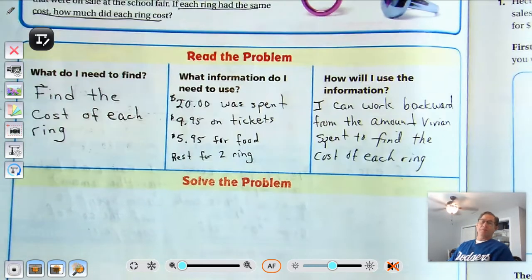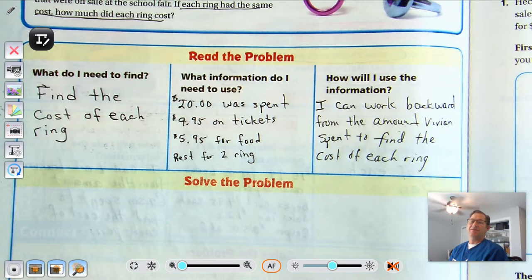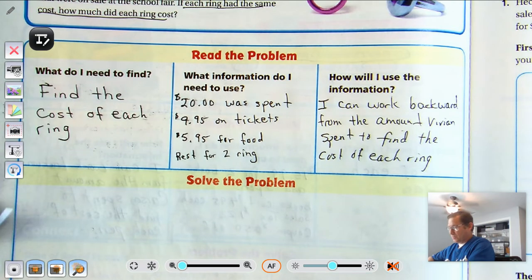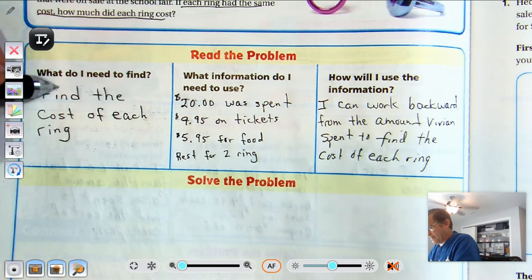All right, so we're going to work backward from the amount Vivian spent to find the cost of each ring. All right, so let's put our flowchart together.